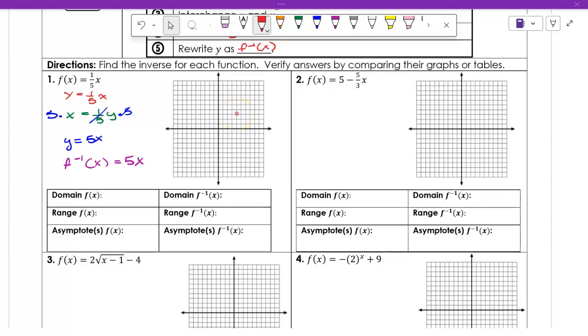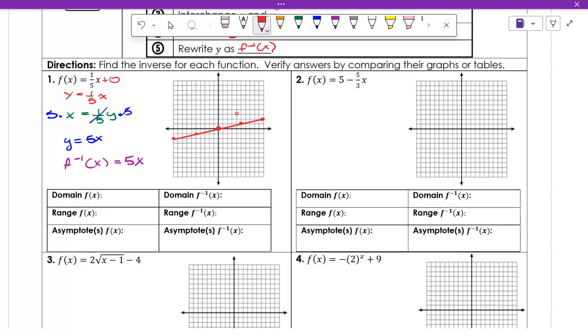If I have 1/5x, that's technically 1/5x plus 0, y equals mx plus b, plus 0. 0 would be your y-intercept. And then my slope is 1/5, up 1, right 5, up 1, right 5. Then I can continue the trend and go down 1, left 5, and down 1, left 5.